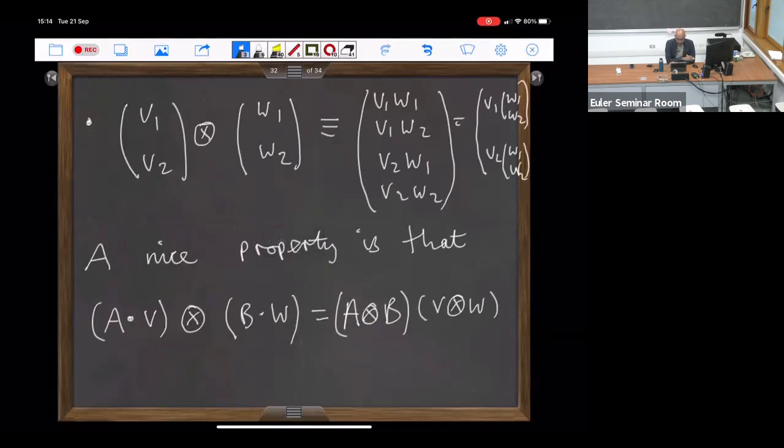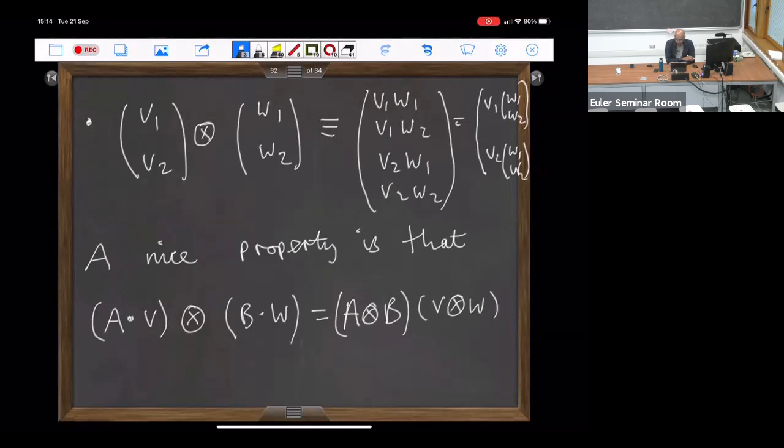Similarly, you can do it with vectors. So if I take two component vectors, V and W, both 2 component vectors, then I do the same thing. I take the elements of the left vector and I multiply them by the vector on the right.